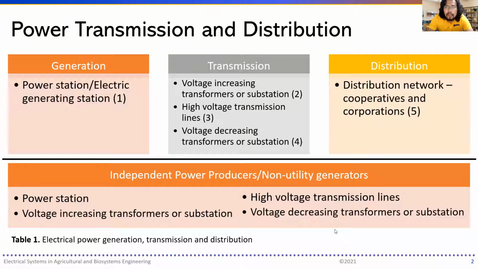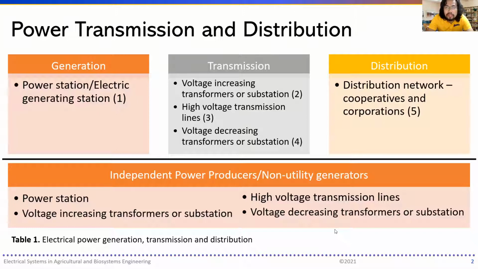Now, that very high voltage, around thousands of volts, will indeed be minimized in losses, but it is rendered unusable by the appliances.